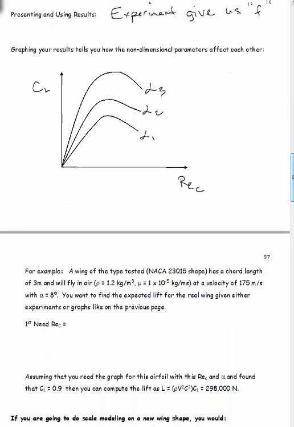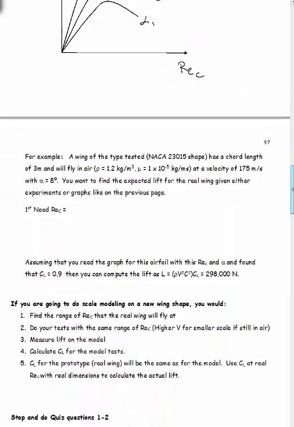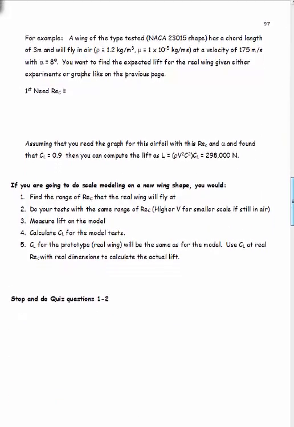So what you gotta do if you're doing these things is equate the non-dimensional variables between your model and your prototype. The prototype's the big one. So if, for example, we had coefficient of lift from before, which is L over rho v squared c squared, equals a function of Reynolds number, which is rho v c over mu, and alpha, what we need to do if we want to, for example, we're given some information about a full-size wing.